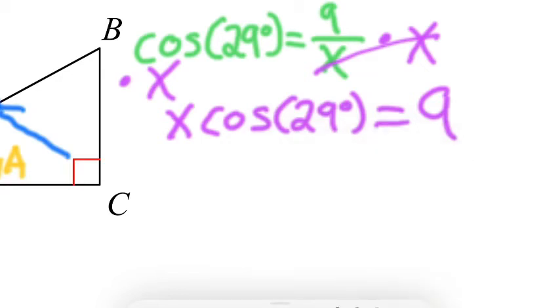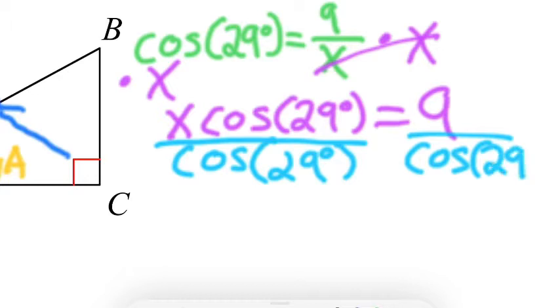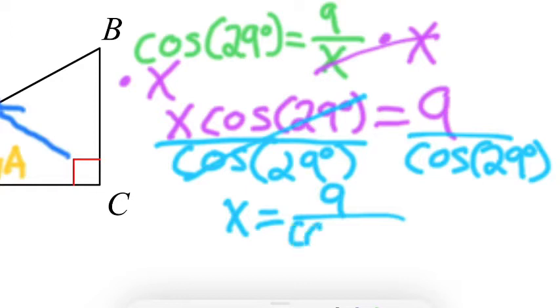You would divide by the cosine of 29 degrees on both sides. Cosine of 29 divided by cosine of 29 cancels out, and you're left with x equals 9 over cosine of 29 degrees.